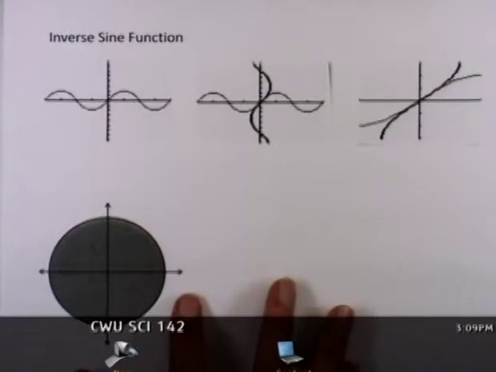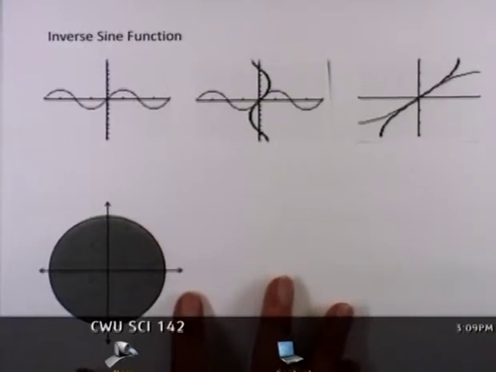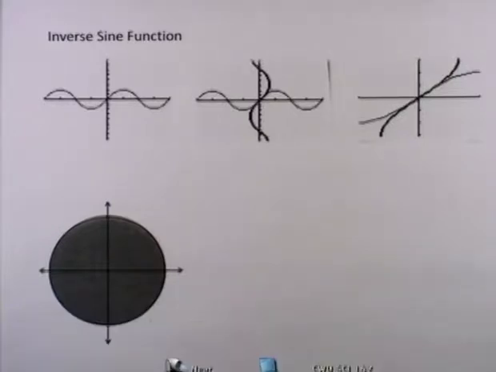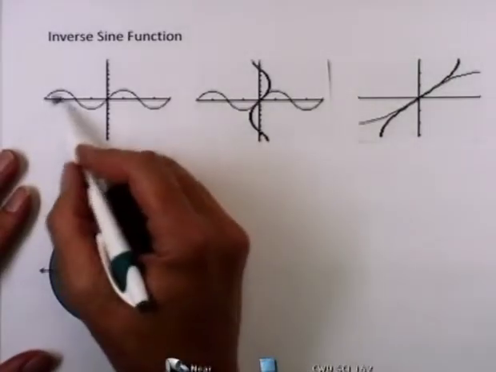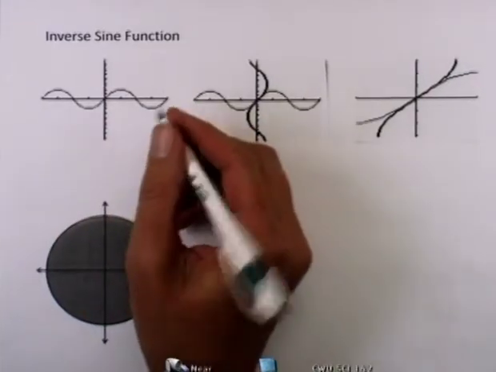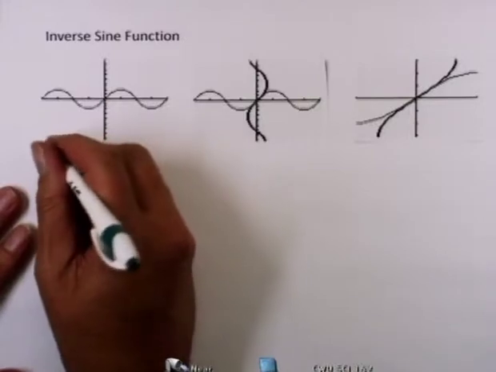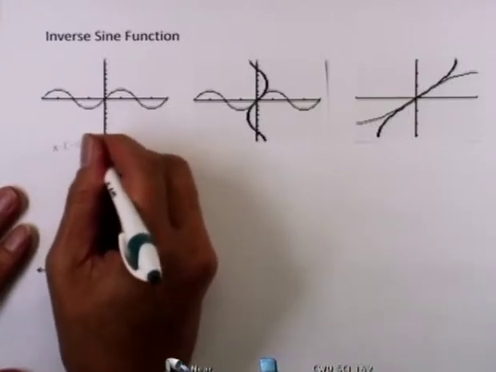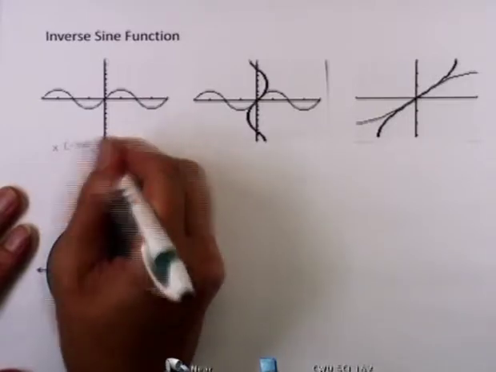So I have some graphs here. I couldn't get you to get these on your calculator without going into parametric mode, and I didn't want you to have to try to do all that. So I just put copies up here. So this is our sine curve. And the window for this one, my x value is going from negative 360 degrees to positive 360 degrees.